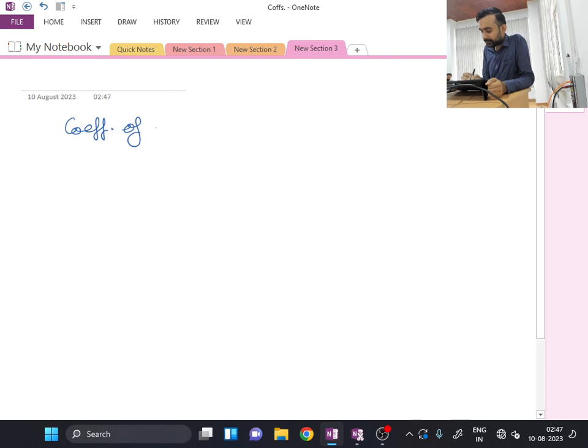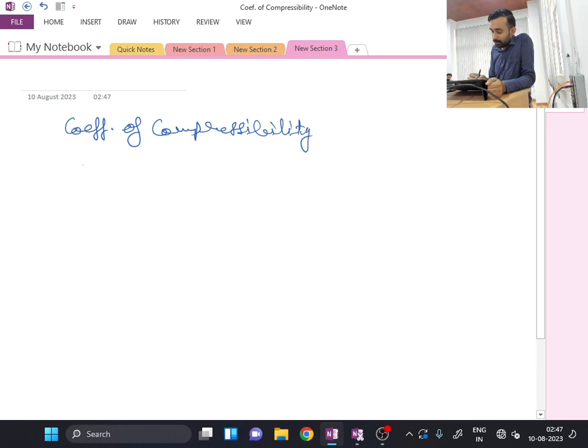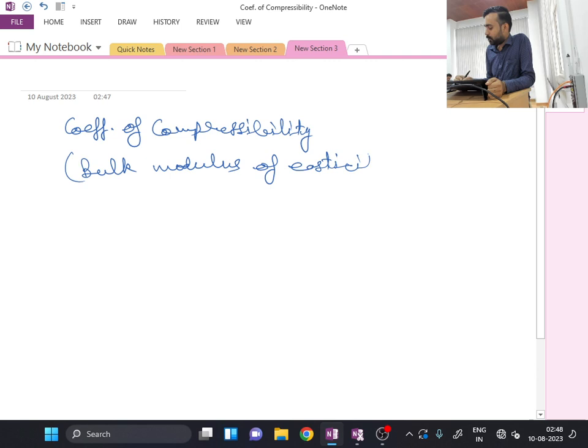coefficient of compressibility. This is also known as the bulk modulus of elasticity, or it is even also called the bulk modulus of compressibility.